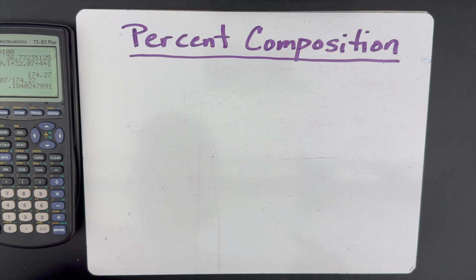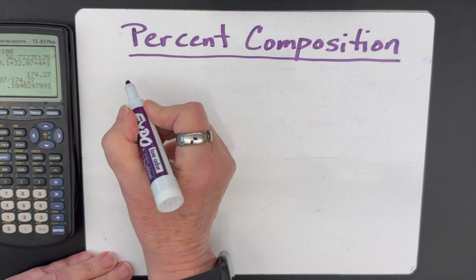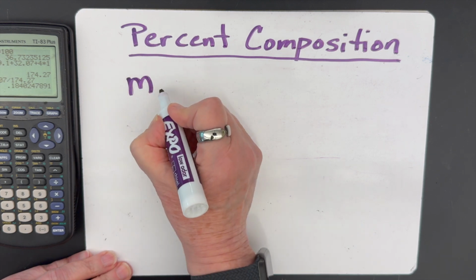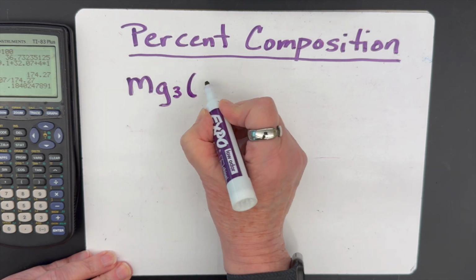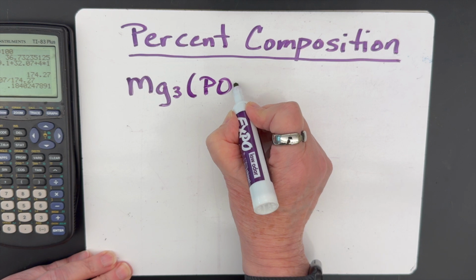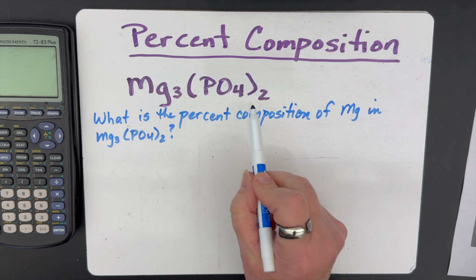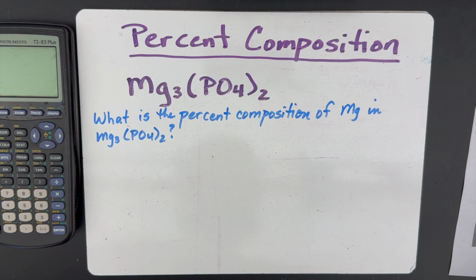Let's make it as hard as possible. Let's use magnesium phosphate. So for this example, we are going to determine the percent composition of magnesium in magnesium phosphate.